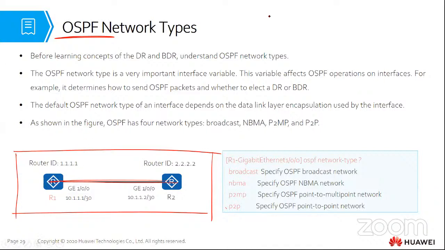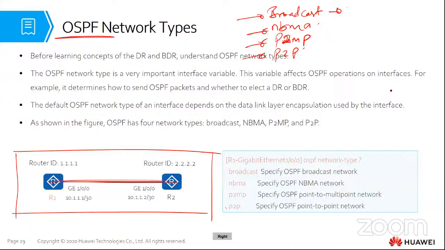This network is going to be either a broadcast network, or a non-broadcast multiple access network, or a point to multi-point network, or even a point-to-point network. When you see the network type indicated, it means the OSPF network is that one. Are we together? Let us talk about these networks a little bit.